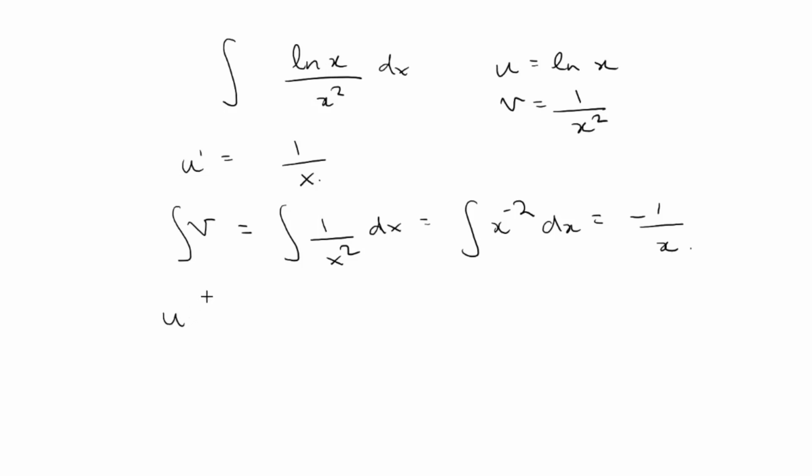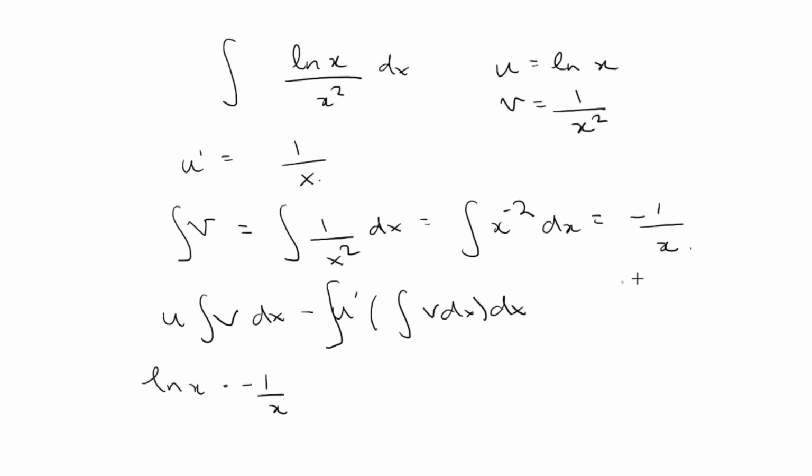So u times the integral of v dx, minus the integral of u prime times the integral of v dx, dx. We have ln x for u times minus 1 on x, which we found over here, minus the integral of minus 1 on x squared dx.